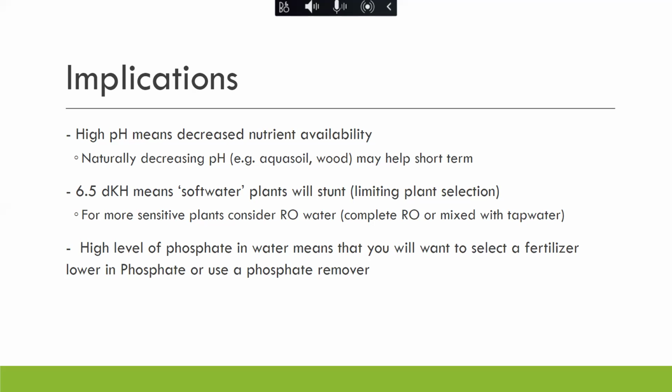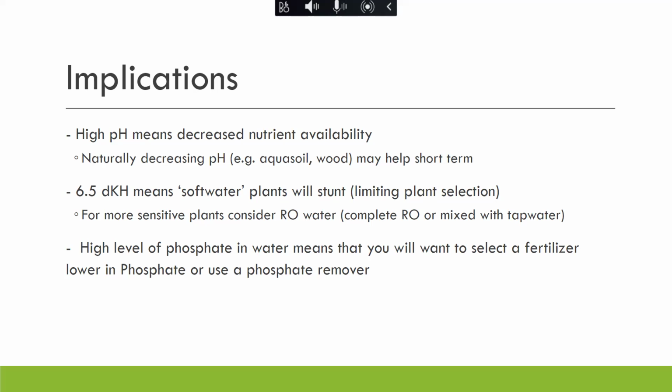6.5 degrees of hardness in terms of KH means that soft water plants are going to stunt, right? So things like the Tanina and those other plants that cannot tolerate that high dKH are going to limit your plant selection. And so for more sensitive plants, you may want to consider reverse osmosis water, either using complete RO or mixing RO with tap water, because there will be nothing in your reverse osmosis water.